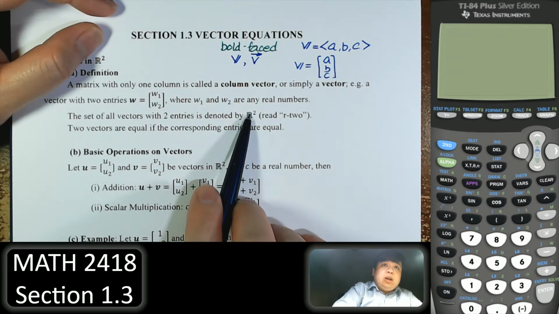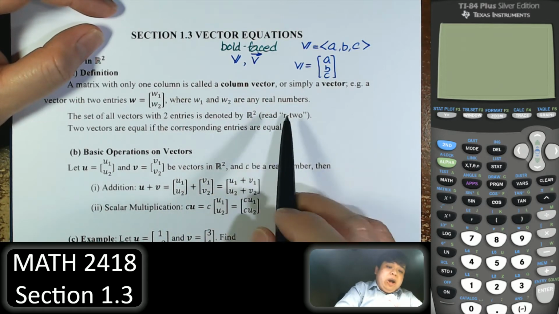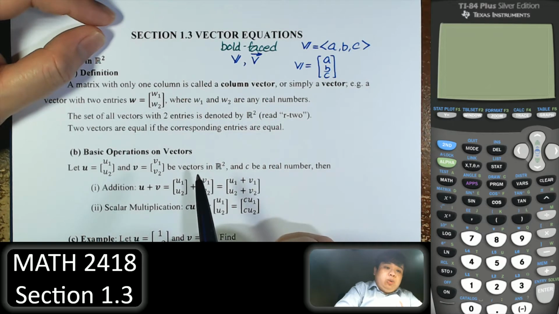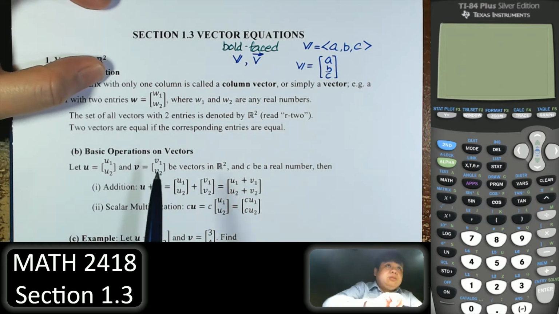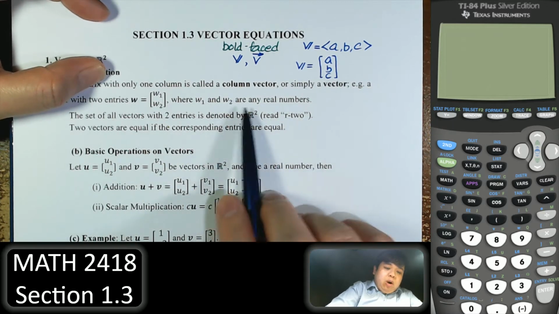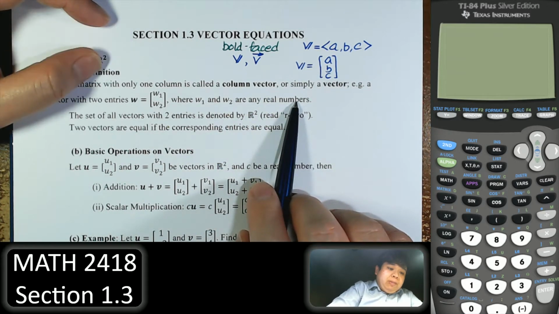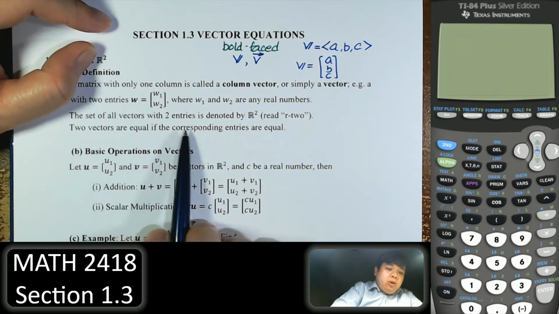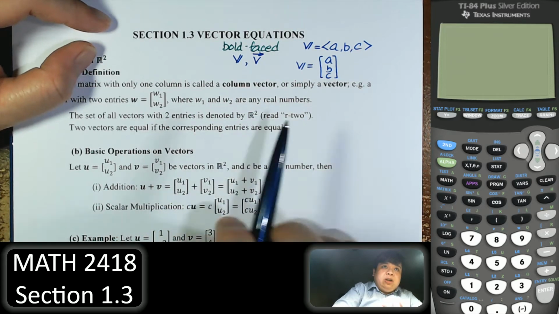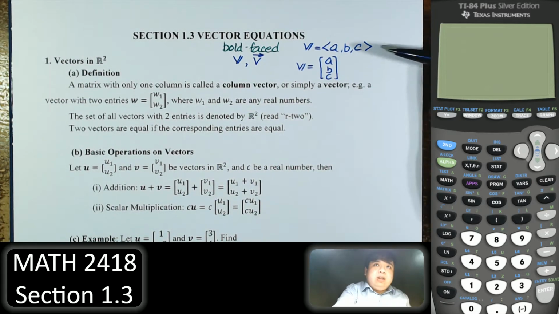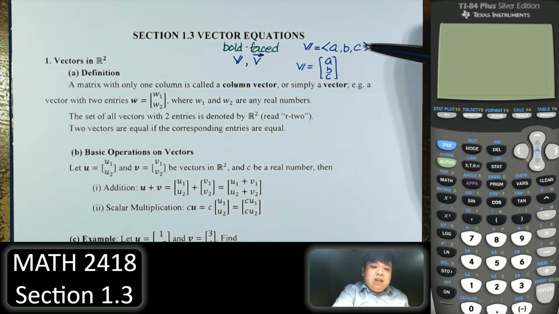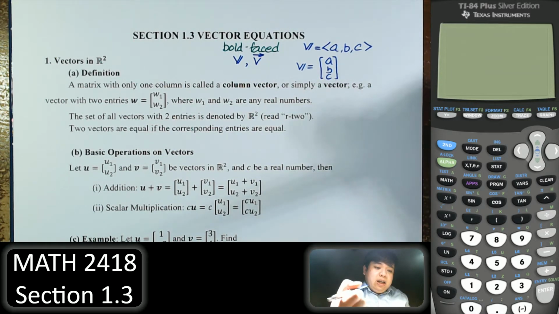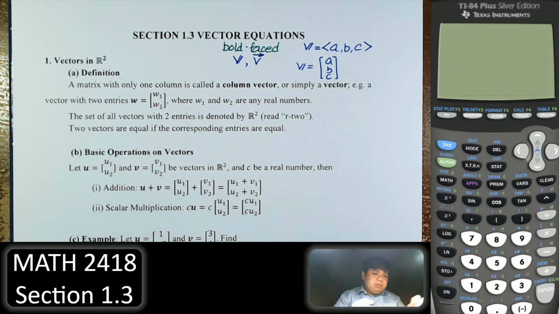This is the set of real numbers squared, or we just say R2, meaning it has 2 components. Each one of them is a real number, and 2 vectors are equal if the corresponding entries are equal. Now instead of writing the vector as horizontal components, the vector is written as a column vector.